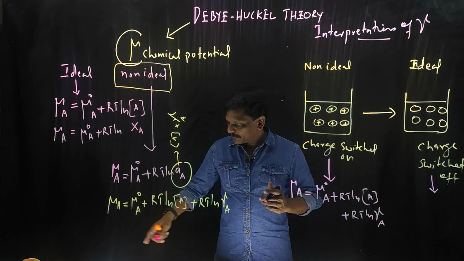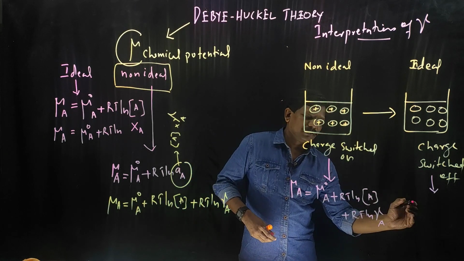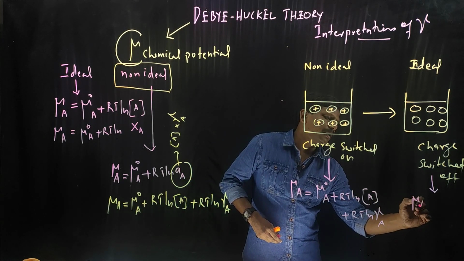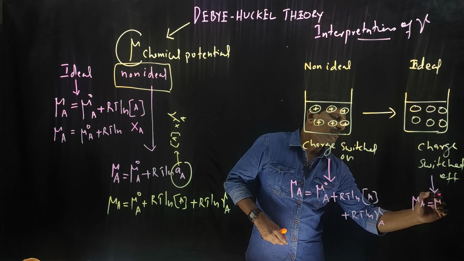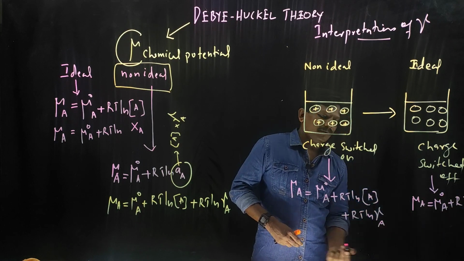That is the ideal case. In the ideal case you can simply write mu A is equal to mu 0 A plus RT ln A.